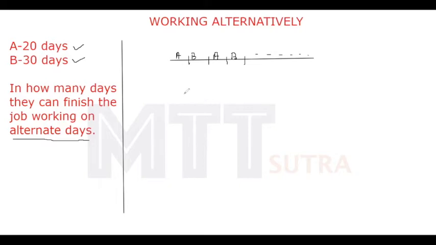So A takes 20 days and B takes 30 days. Let us assume that the total amount of work is 60 units, because 60 is the LCM of 20 and 30. If total work is 60 units, how much work is done by A in 1 day? That is 3 units.